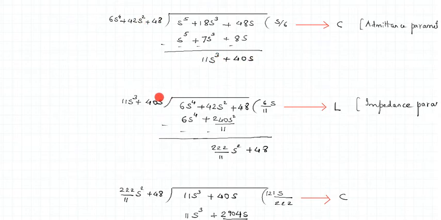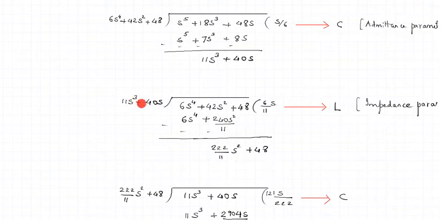We continue the division, and in the next step we have obtained the quotient as 611 by s. Again, we observe that the remainder is not 0. If the remainder is not 0, we continue to perform the division. That's the reason why we call it continued fraction expansion.